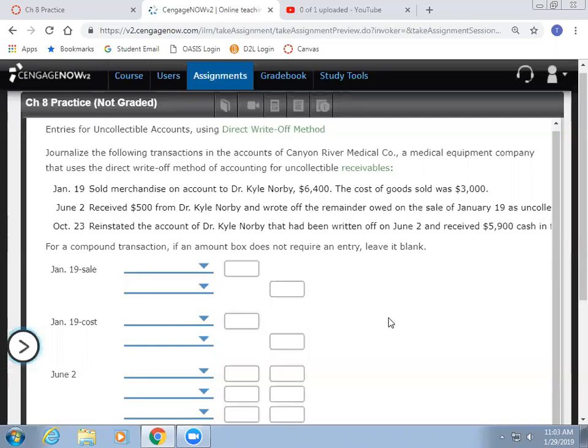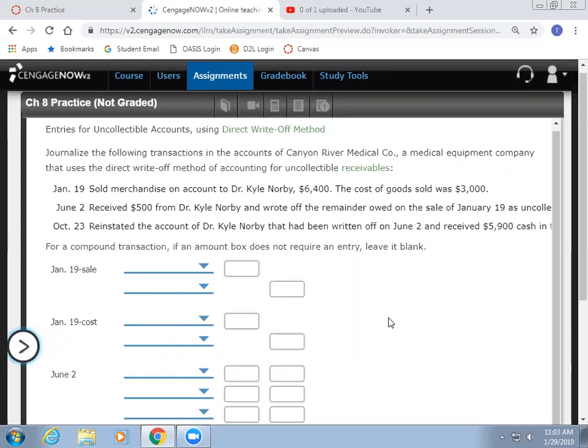So in chapter 8 we're going to look at how to handle uncollectible accounts. We're going to look at the direct write-off method, which we can use if we are not a publicly traded corporation. It's great for smaller companies that are not large, publicly traded corporations.